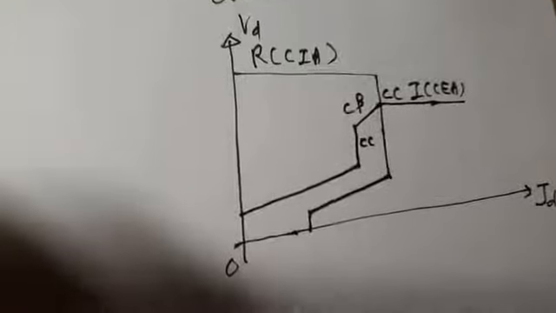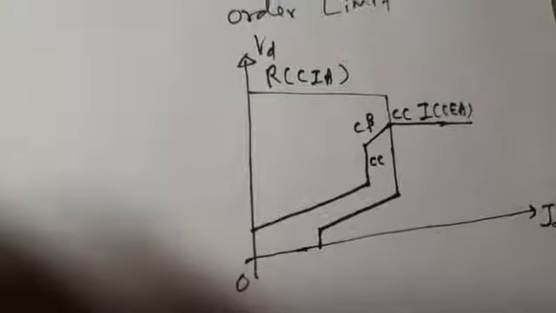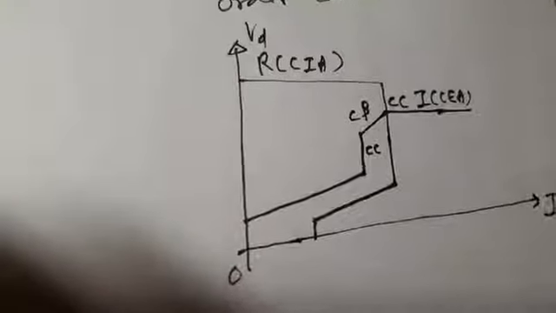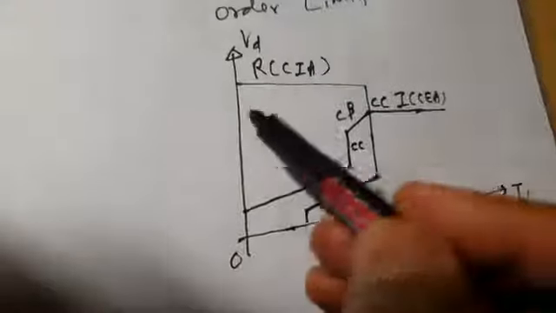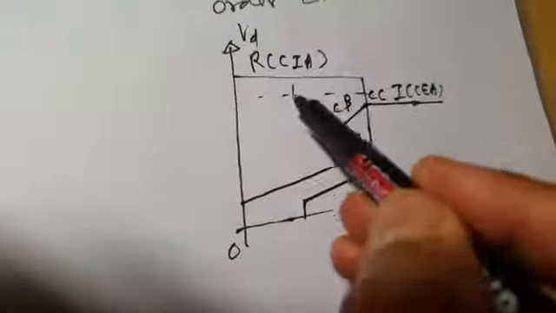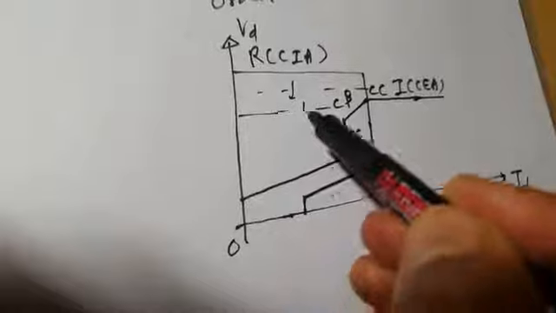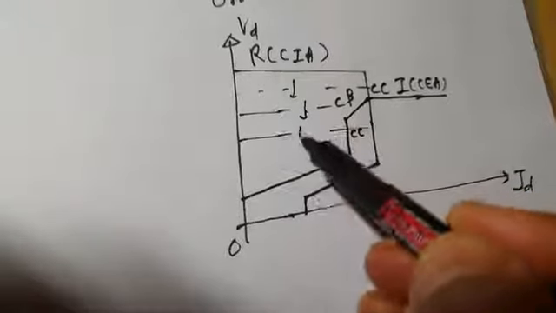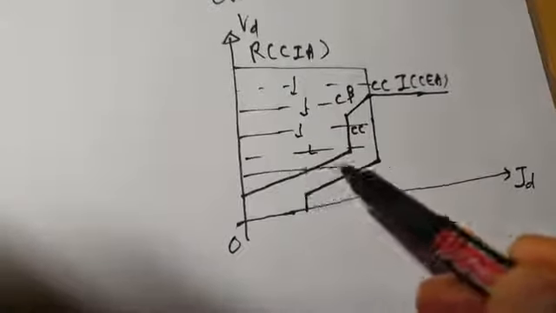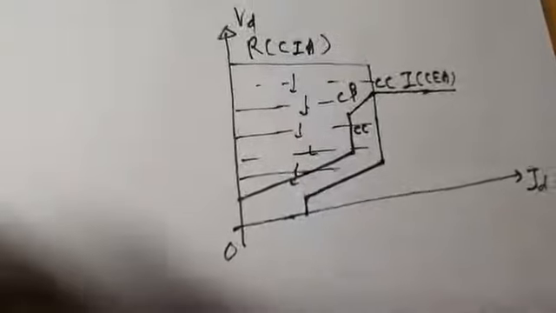Okay, so what happens is, sometimes your DC link voltage collapses because of some fault. It is possible that the DC link voltage has collapsed to extremely low voltages.